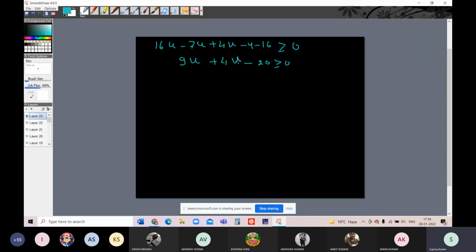So it is representing a straight line here. Correct? So it is representing here a straight line. Similarly, for y greater than or equal to 1 we can find the region.